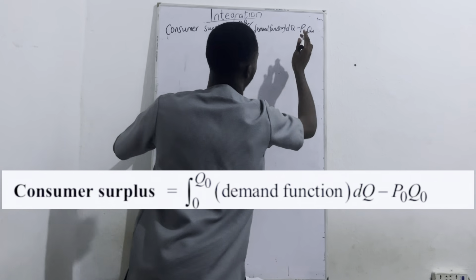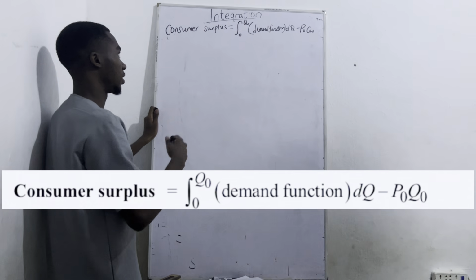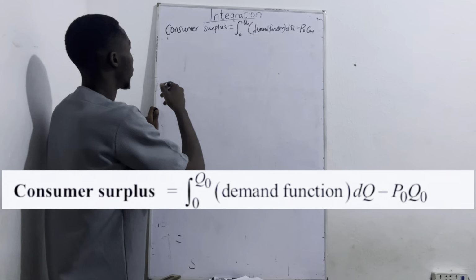So P0 Q0 is the same as PQ, the price and the quantity, which is the equilibrium price and the quantity. So that's for the consumer surplus.